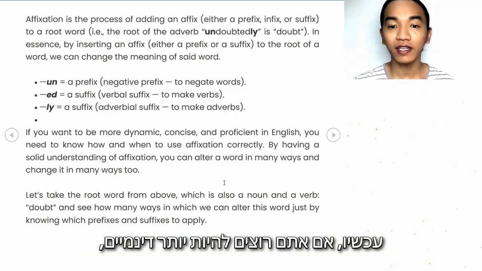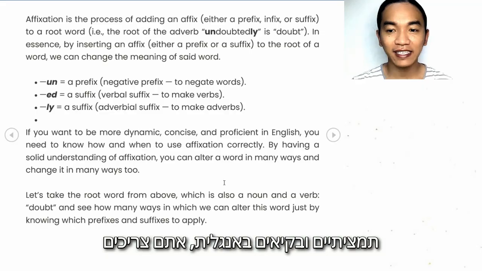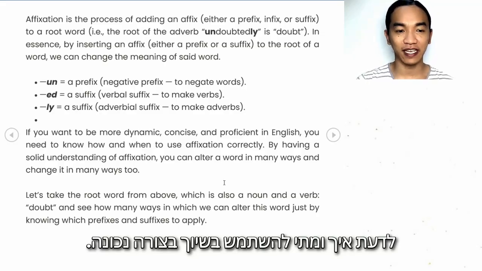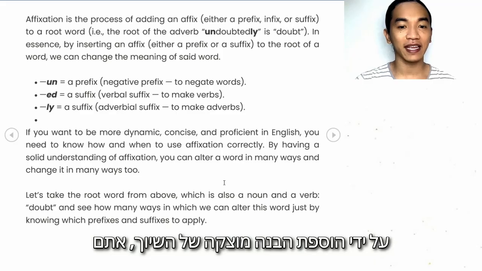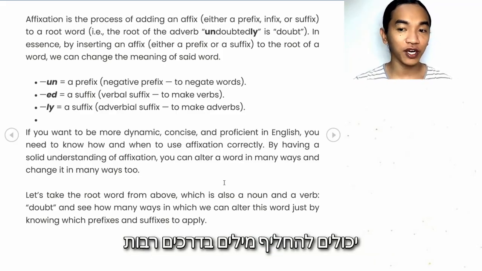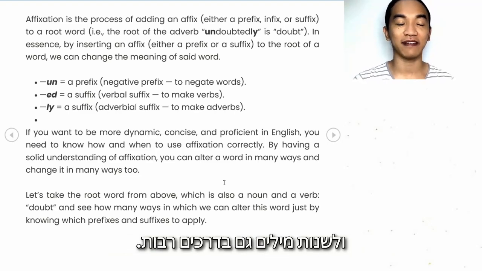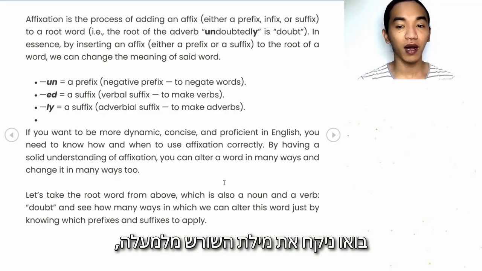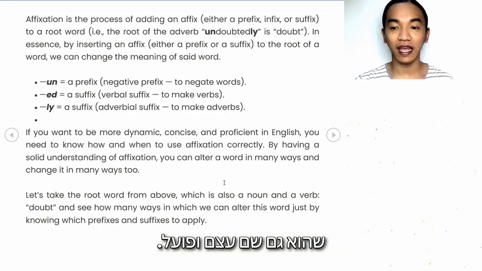Now, if you want to be more dynamic, concise, and proficient in English, you need to know how and when to use affixation correctly. By having a solid understanding of affixation, you can alter a word in many ways and change it in many ways too. Okay, let's take the root word from above, which is both a noun and a verb.